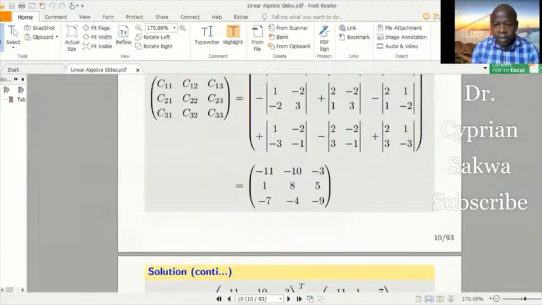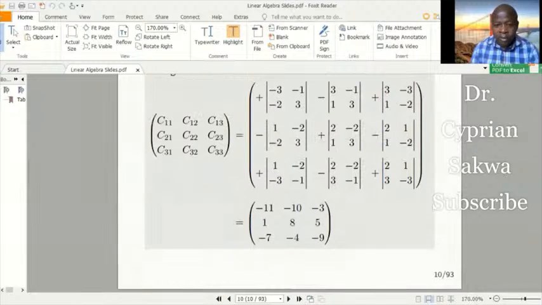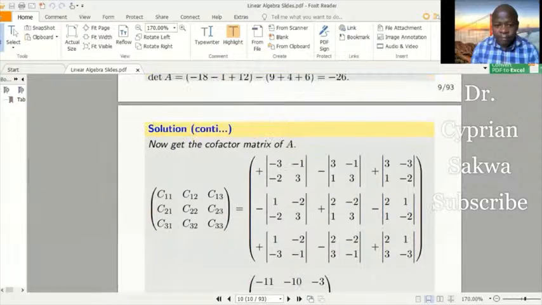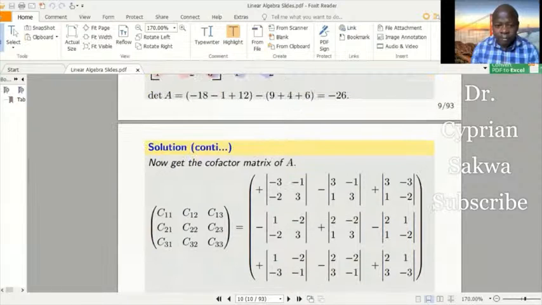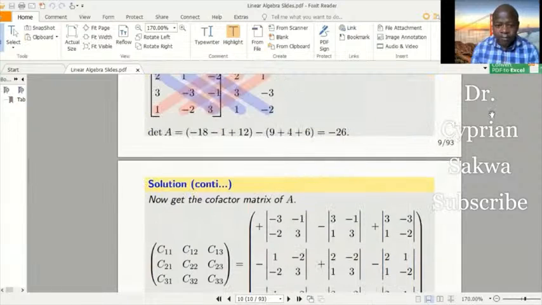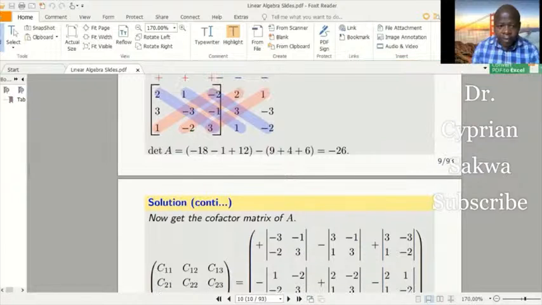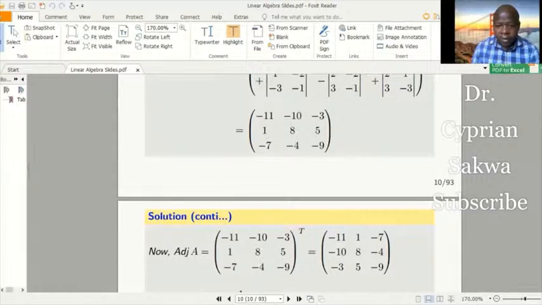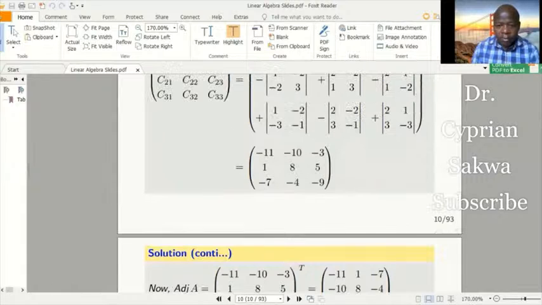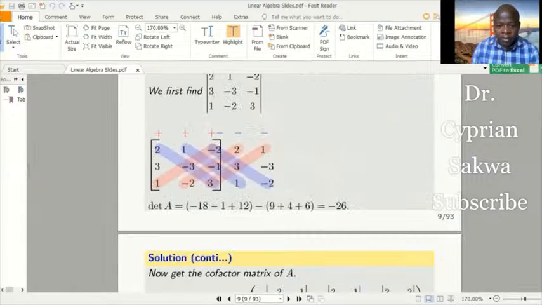From there, the next thing is for us to get the cofactor matrix. So what was our matrix? Let's just write what our matrix was. Let me create a space to write that matrix.